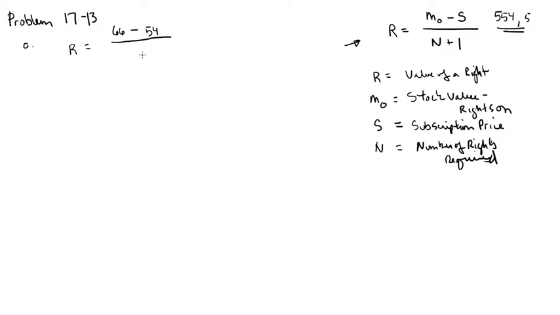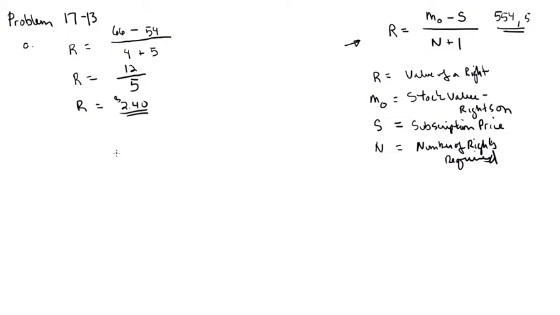Then you divide that by the number of rights required. It says 4 rights are required plus $54 of cash plus 1, which means R equals 12 divided by 5. The value of a right then is $2.40.